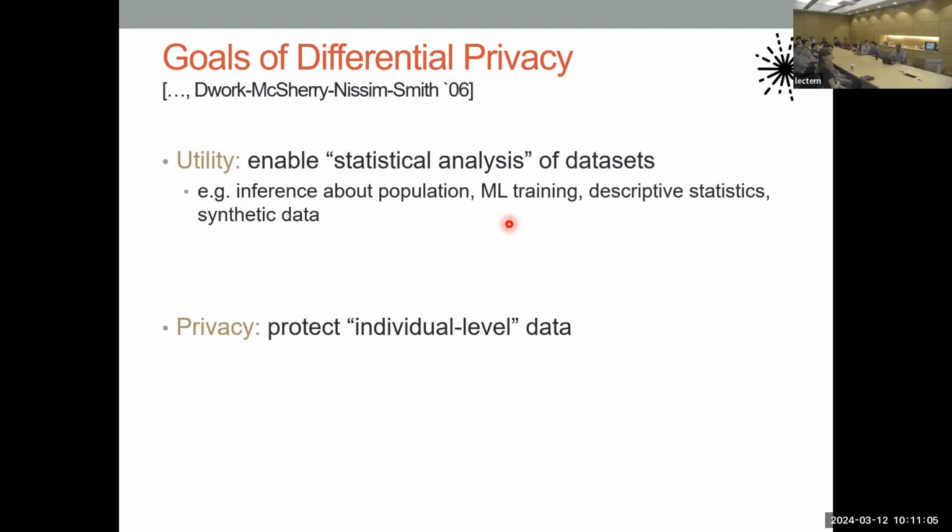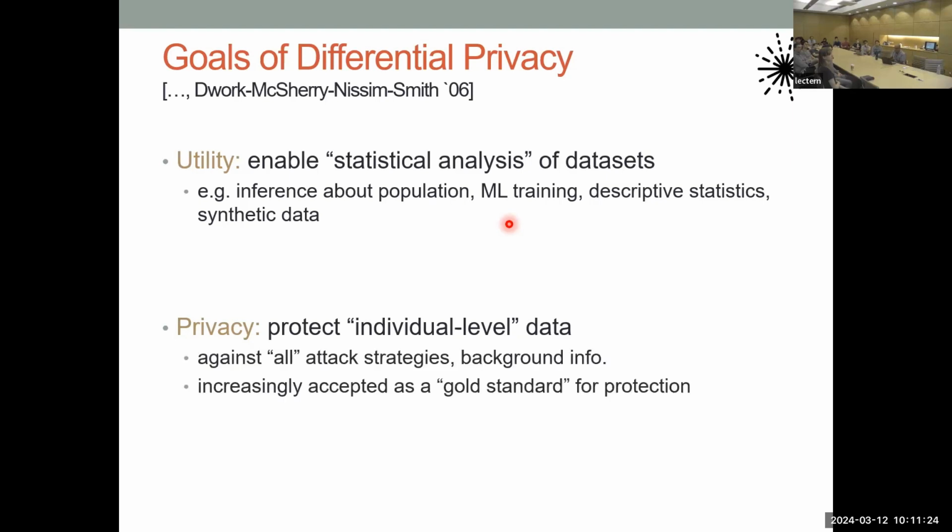Okay, so now let me talk a little bit about how differential privacy captures the idea of what it means to protect individual level data. So we want to enable analysis of populations, statistical analysis, while making sure that information about specific individuals isn't compromised. And in differential privacy, we want to do so without anticipating what attack strategy an adversary might use and what background information, what auxiliary data sets they might bring to bear as they attack the system.